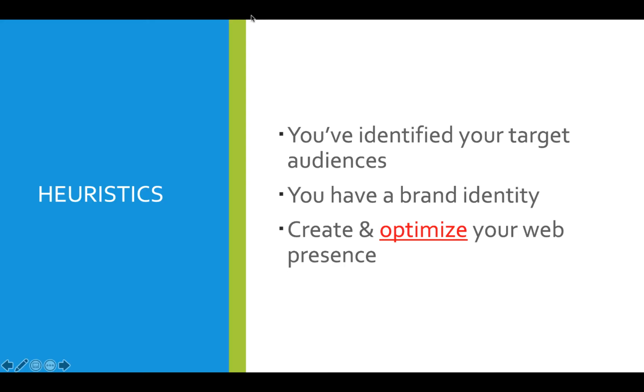So we're going to nudge you towards a decision. So again, you've already identified your target audience. You have a brand identity. You're now working through what your domain name is going to be. You're deciding on a platform. You're looking at who's going to host your site.